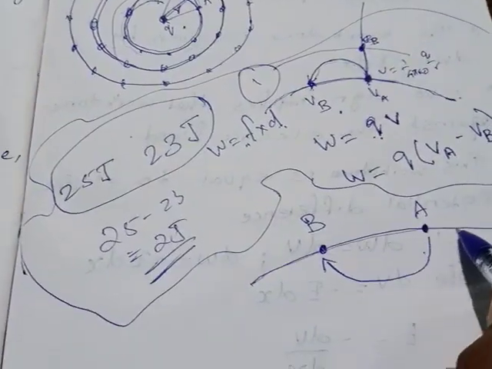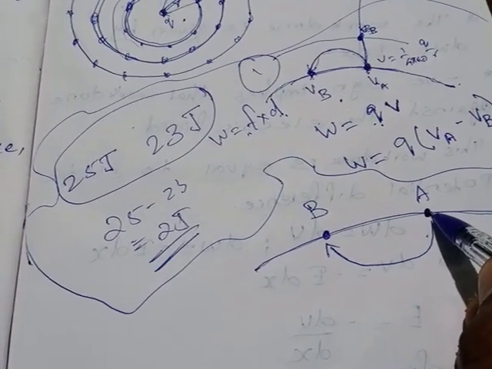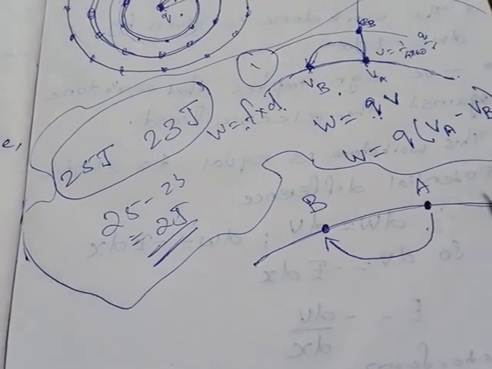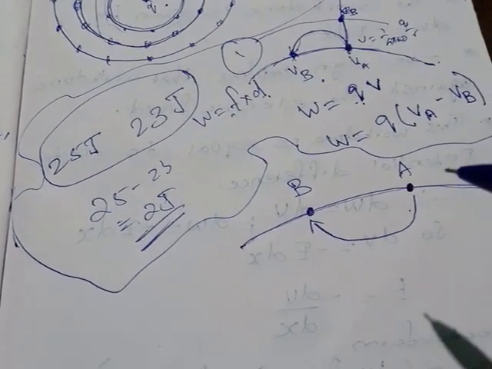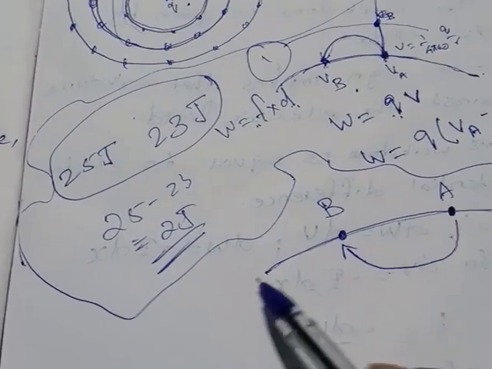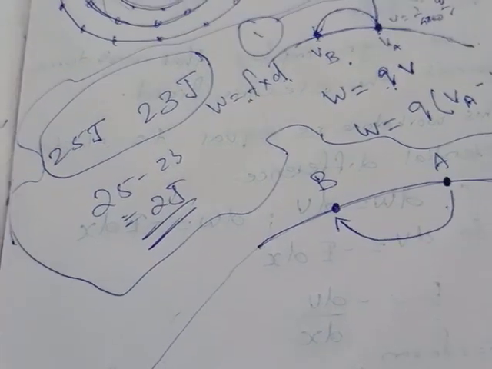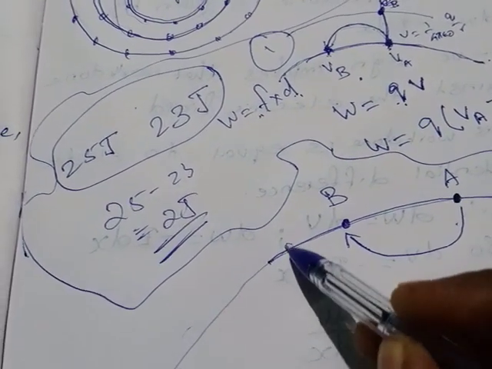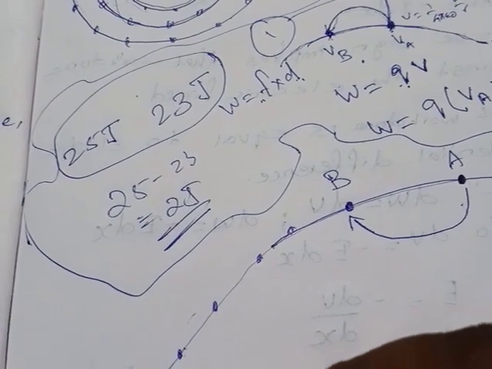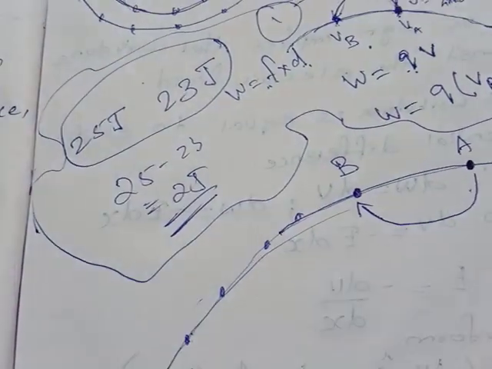From this point A, I am moving a charge to point B. Now you know that equipotential means all these points on an equipotential surface have the same potential.